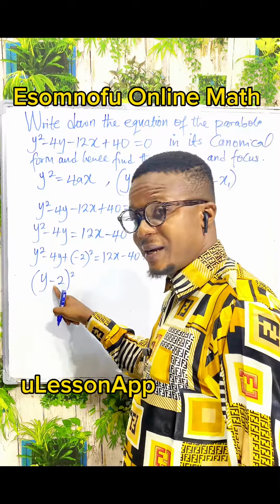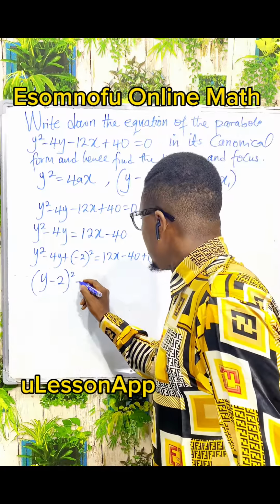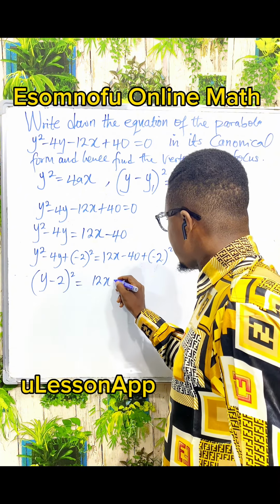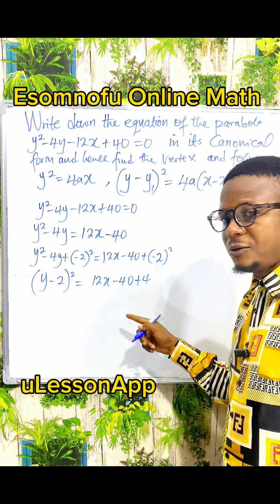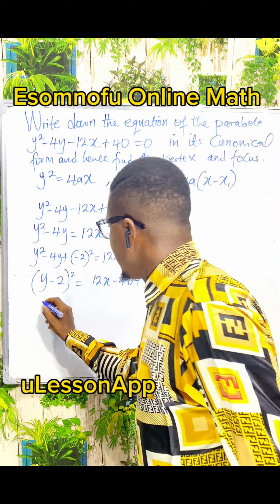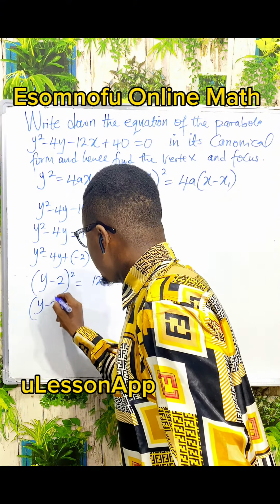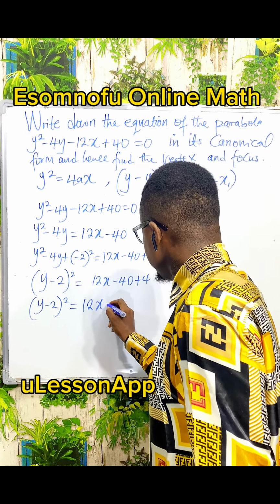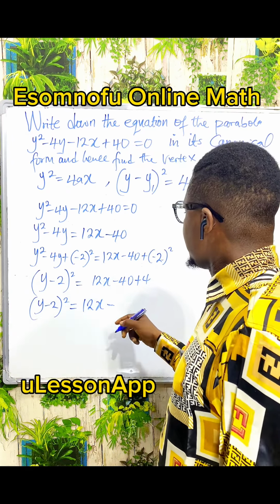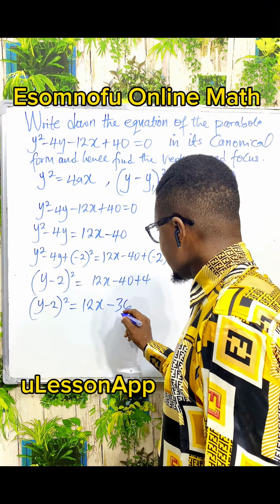Remember, there is a negative sign here. It must come with it. Equals 12x minus 40 plus 4, because minus 2 squared is 4. Then we'll have (y minus 2) all squared equals 12x minus 40 plus 4, which is minus 36.